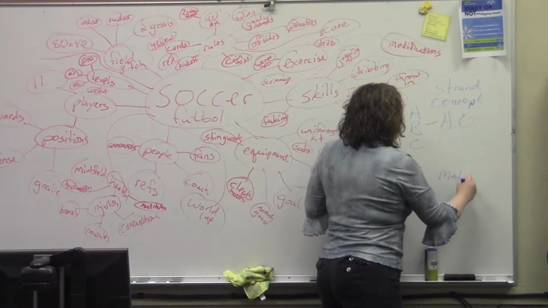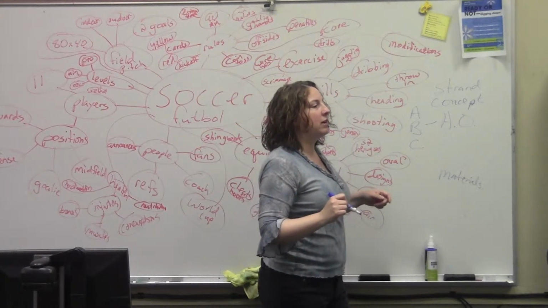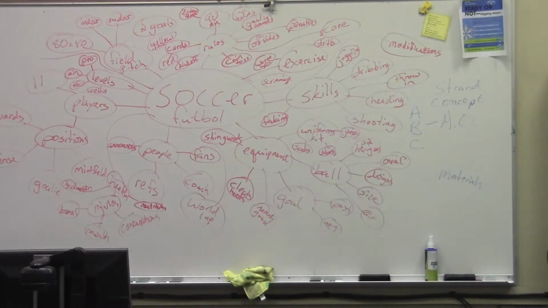Where do we find it in the packet? It's in there somewhere, it's in the back. The concepts are in your small group plans, about 5 pages from the back.